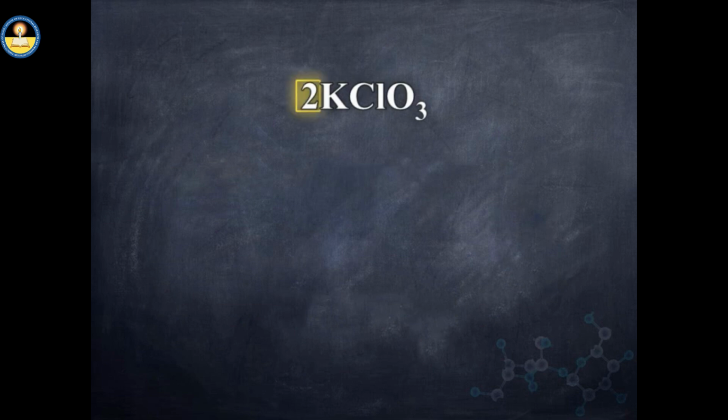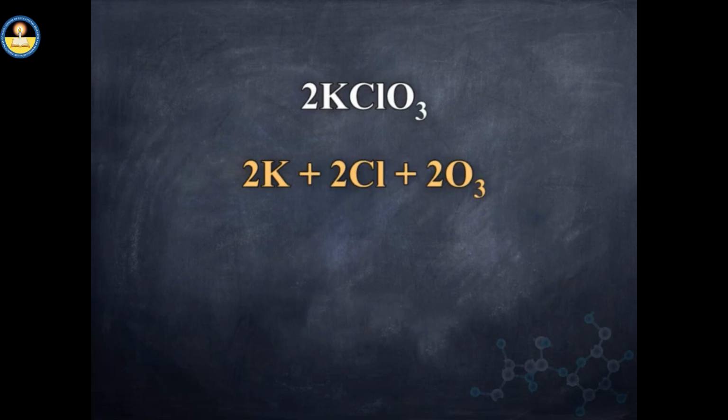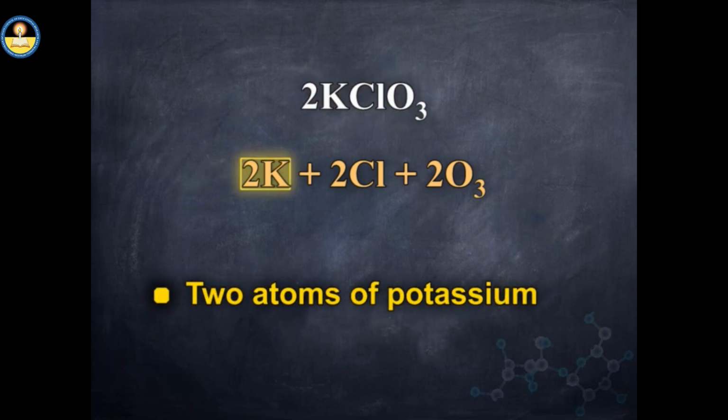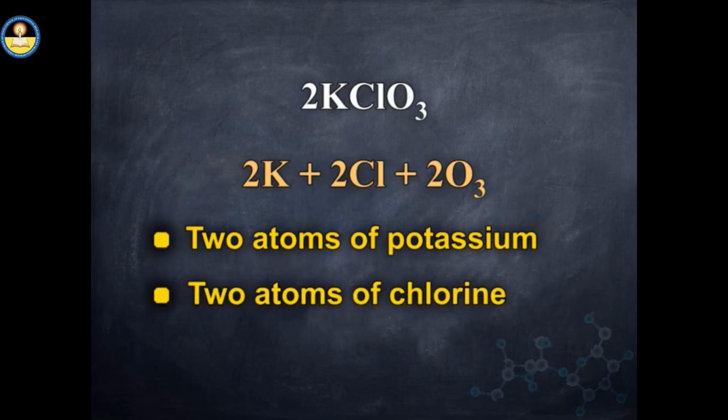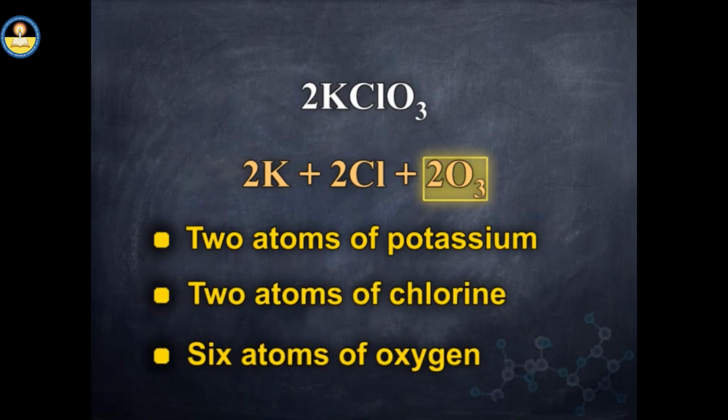The coefficient 2 in 2KClO3 means 2K plus 2Cl plus 2O3. This means that 2KClO3 has 2 atoms of potassium, 2 atoms of chlorine, and 6 atoms of oxygen.